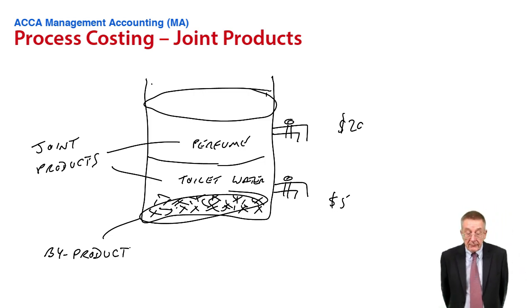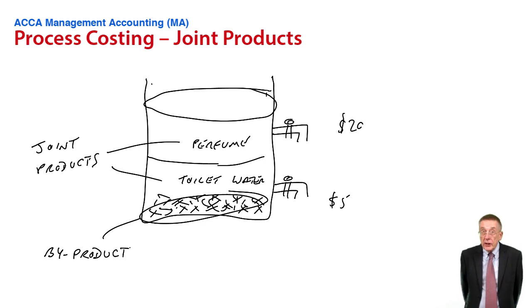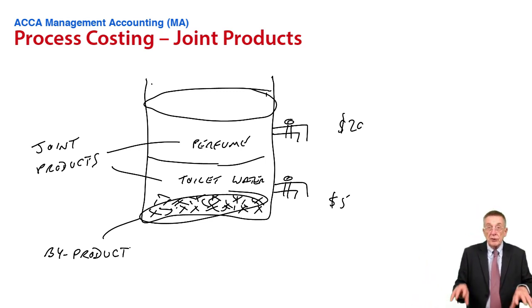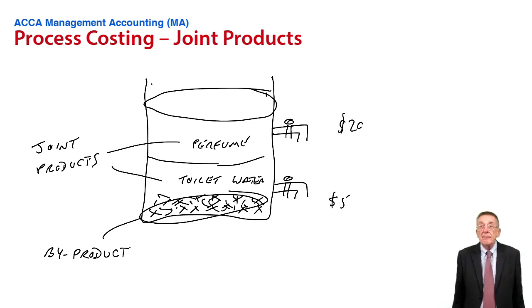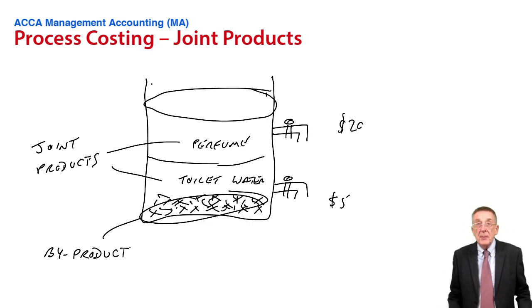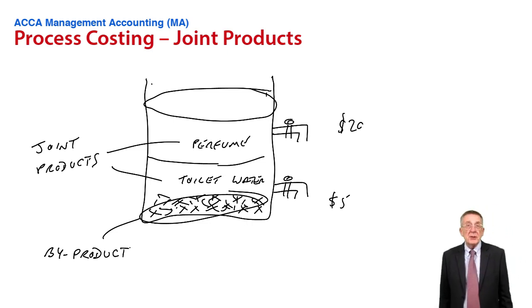So there's the terminology. Joint products are main products that we are trying to produce, but they are produced jointly. A byproduct is almost an accident, an extra product that appears, but is really not much more than waste.